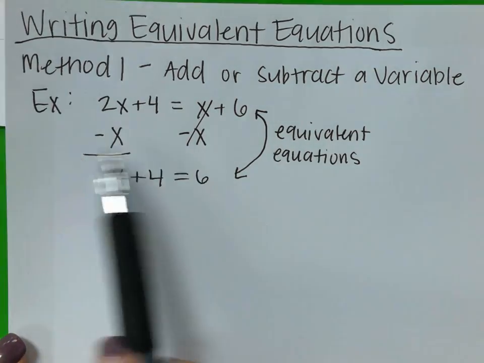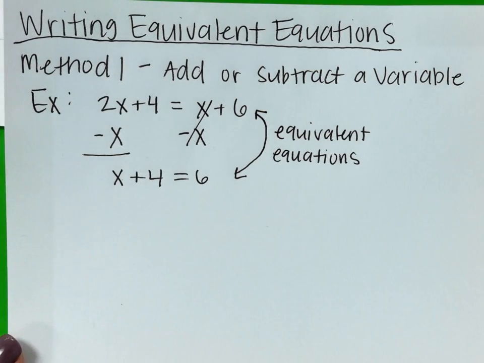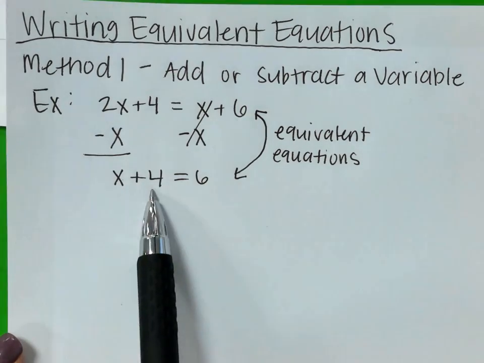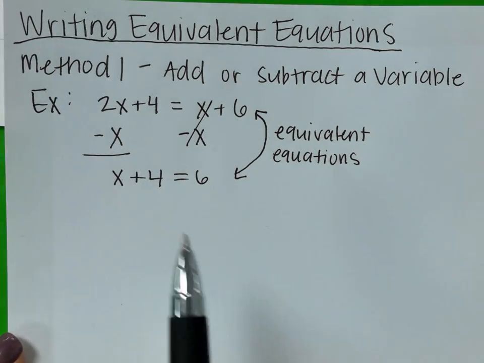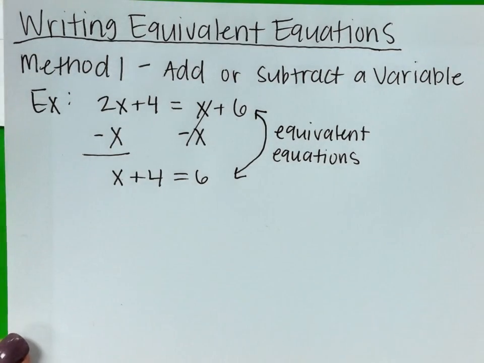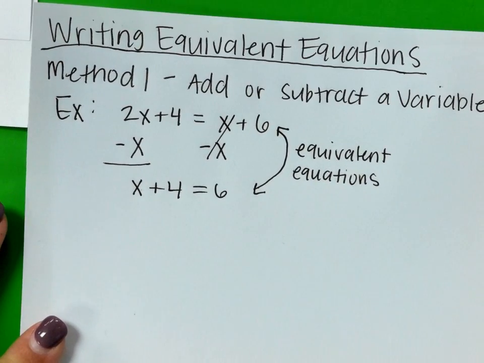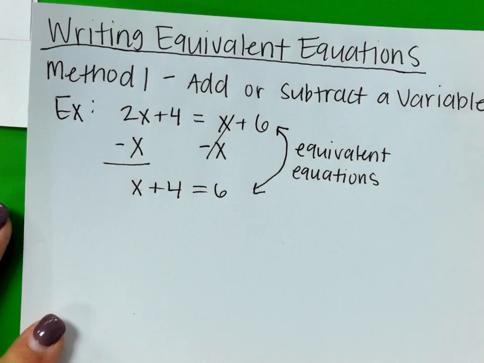So since we did it to both sides, that's why they're still equivalent equations. Okay. So 2x plus 4 equals x plus 6 is equivalent to x plus 4 equals 6. Right? That's method 1. Let's look at method 2, because we can have more than just one equivalent equation.